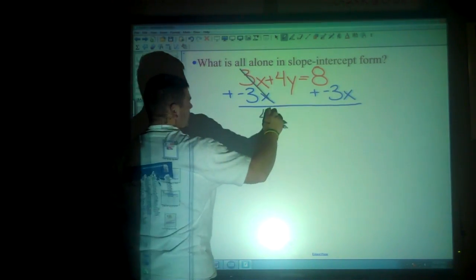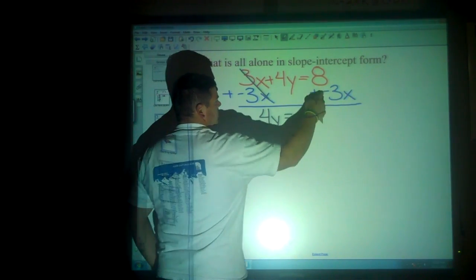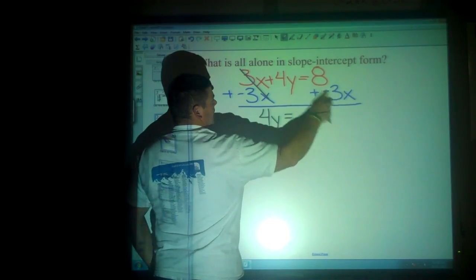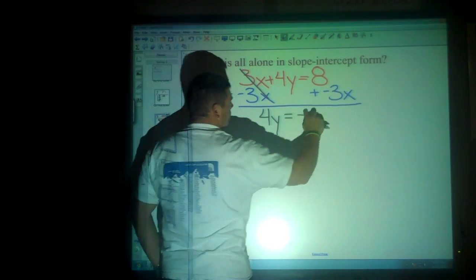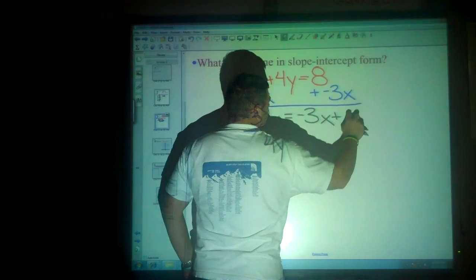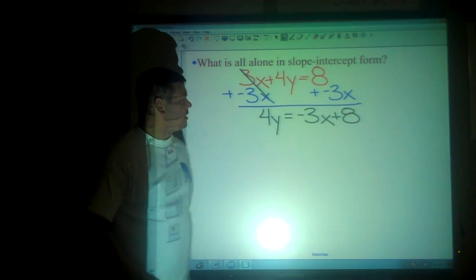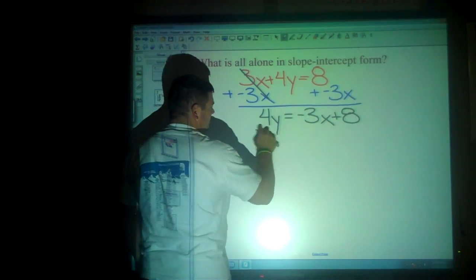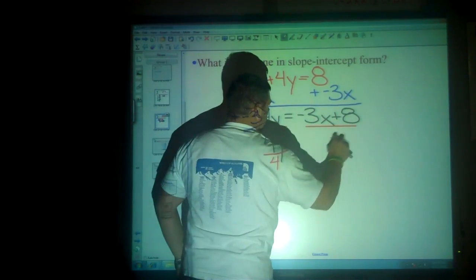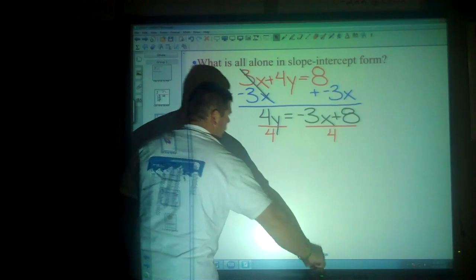Those cancel out. You now have 4y is equal to, since it's addition, we can put this in any order we want, so I'll put it in front. That just makes it look more like the mx plus b that we've done in the past. Last step, we've got to get the y completely alone, so we divide by the 4.